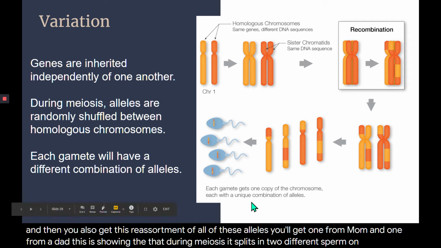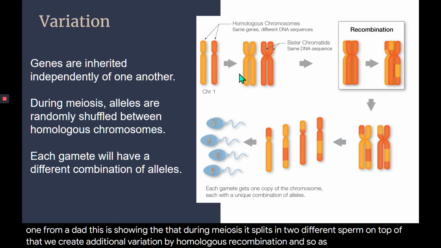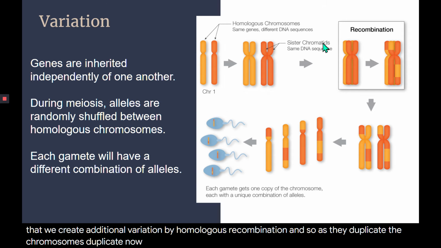On top of that, we create additional variation by homologous recombination. And so as the chromosomes duplicate, now you have chromatids, and they line up together, they will swap out different genes.